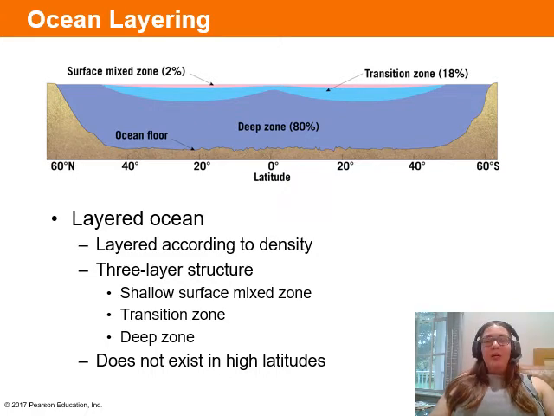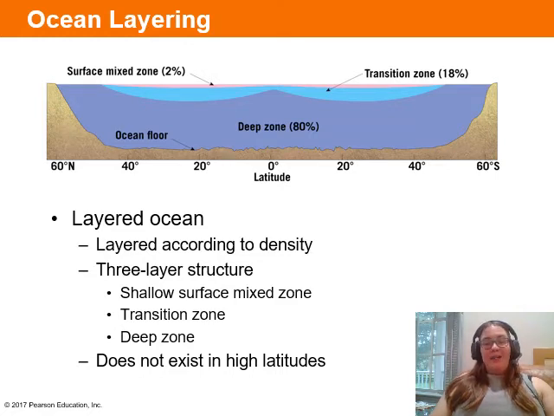So it's going to start compacting these water molecules closer together, also increasing the density. So with our deep zone layer, now we're looking at really cold, very dense water. And we have this transition zone layer between them, basically transitioning between our warm, low density water and our very cold, higher density water.